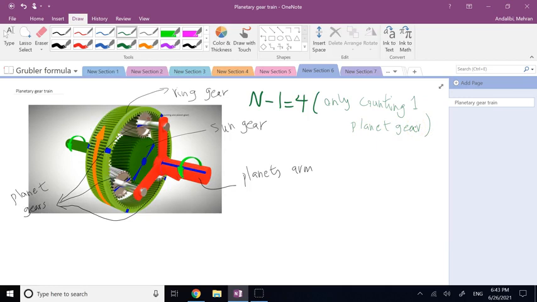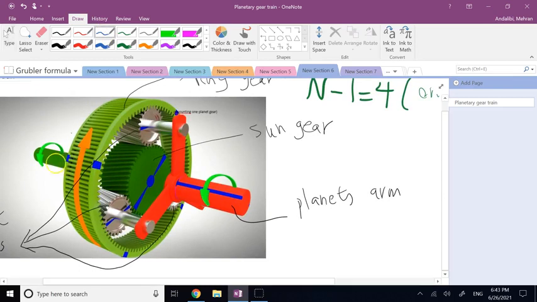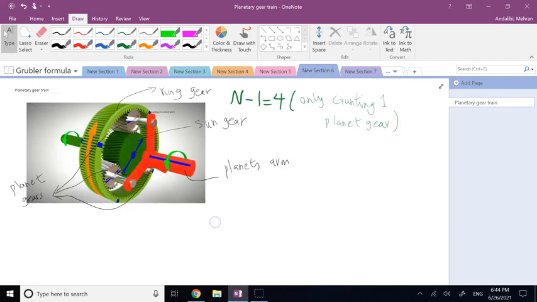Okay, so now what are the constraints? This is a 2D problem, and I do not need to consider it like a 3D problem.